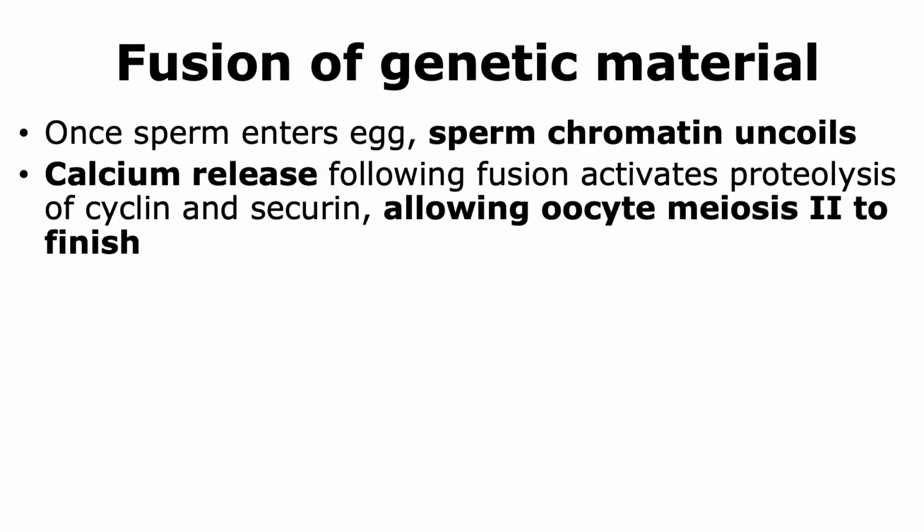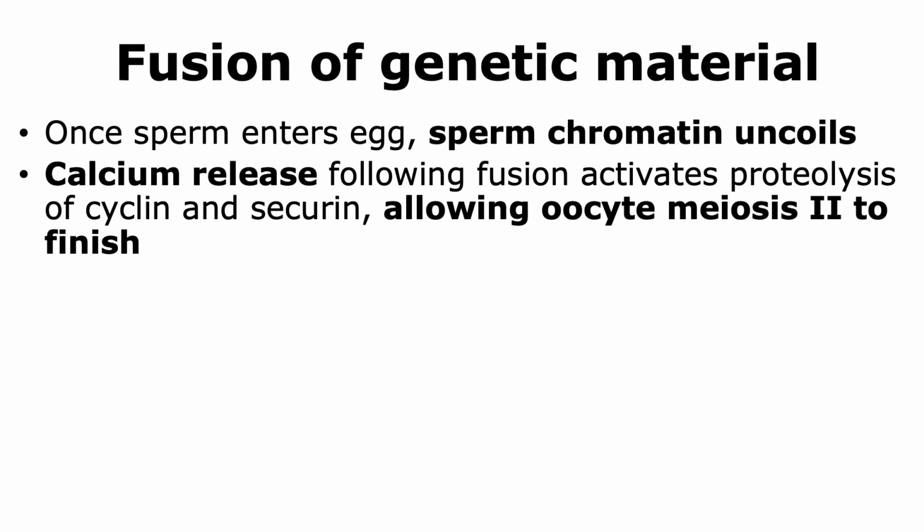Calcium release following fusion activates the proteolysis of cyclin and securin. Now, if you remember from cell biology, securin is a protein that allows mitosis or meiosis to go forward. So securin is the protein that is required to go from metaphase to anaphase.